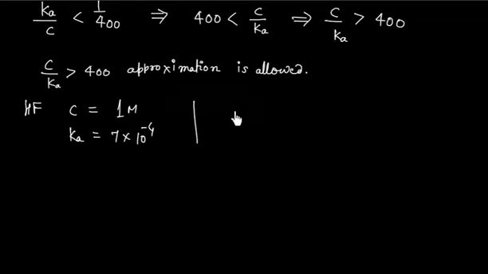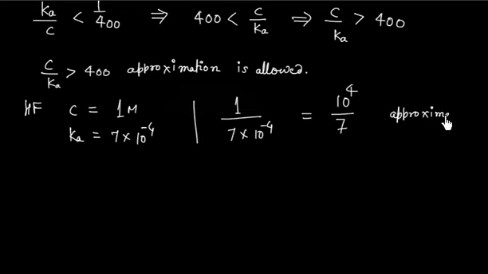C is 1, so 1 divided by 7 into 10 to the power minus 4. So this is 10 to the power 4 divided by 7. Of course, this number is going to be greater than 400. So approximation is allowed in this case.